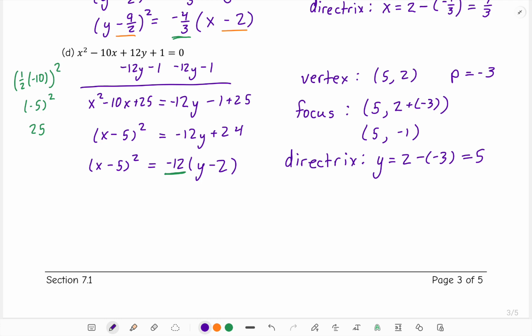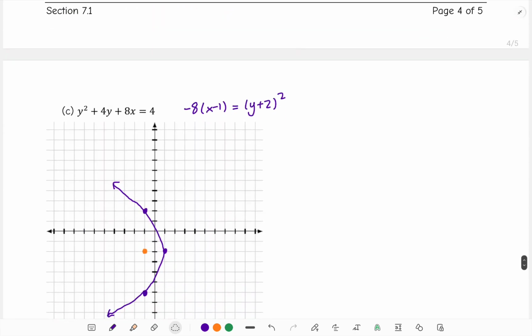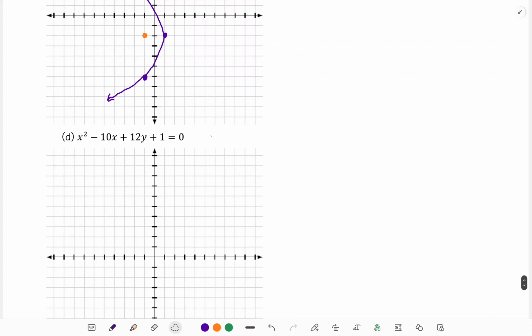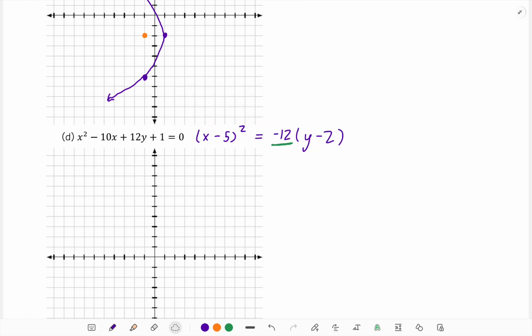Now this is actually the one that we want to graph. So I'm actually going to steal this equation. Let's copy it. Bring it down here. Paste it. There we go. Don't need that green part anymore.